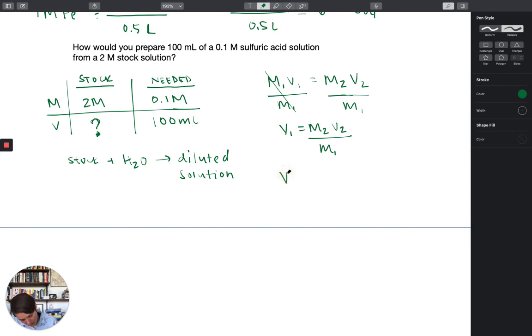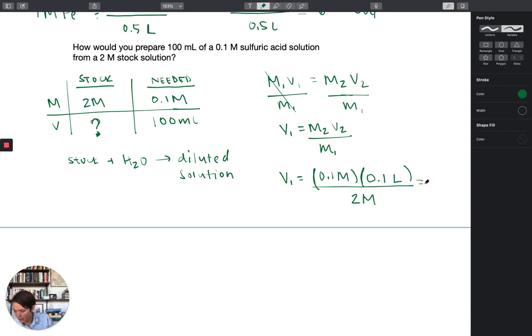Now it's just plugging in those values. Notice molarity is moles over liters. Let's change 100 milliliters to liters, and place that over our 2 molar solution.